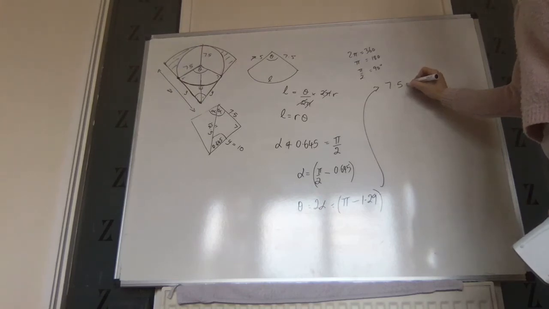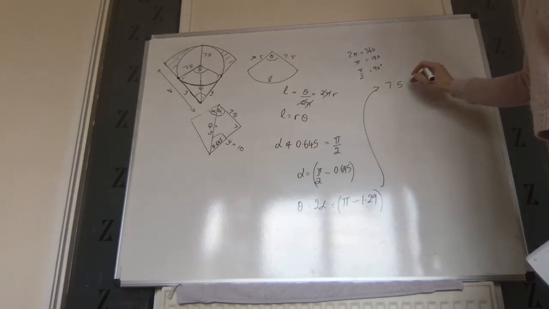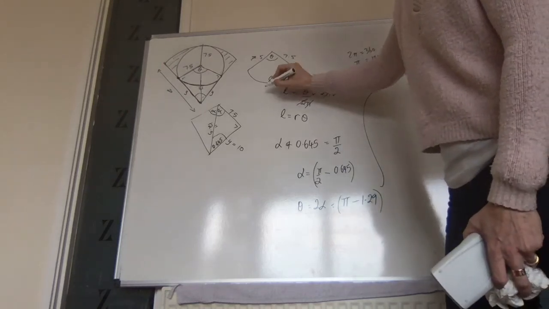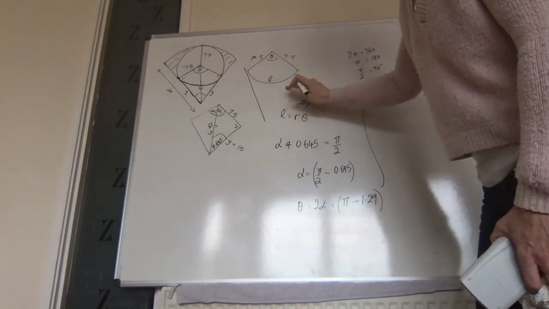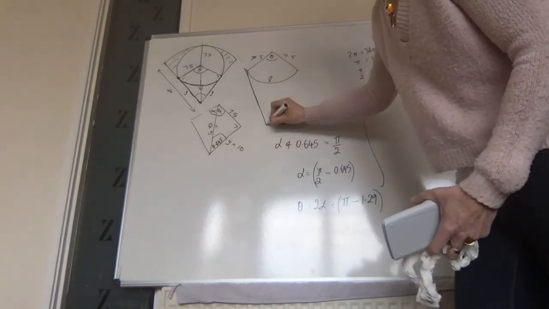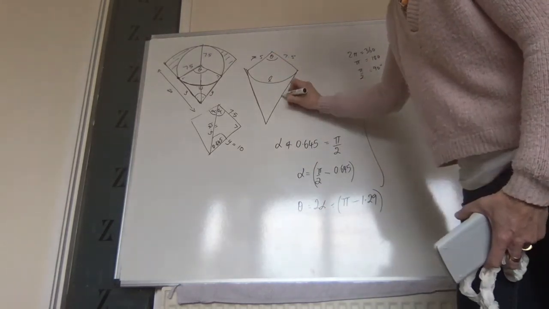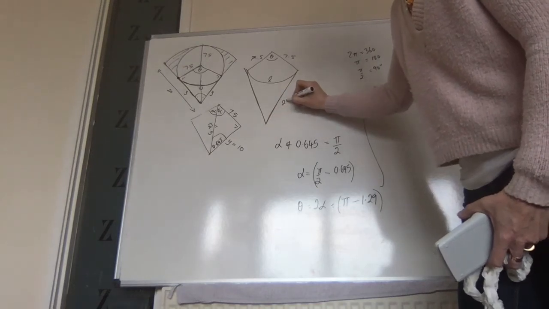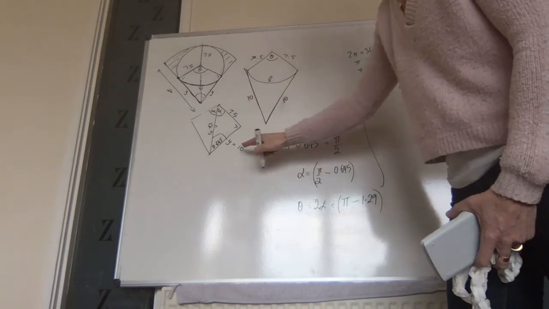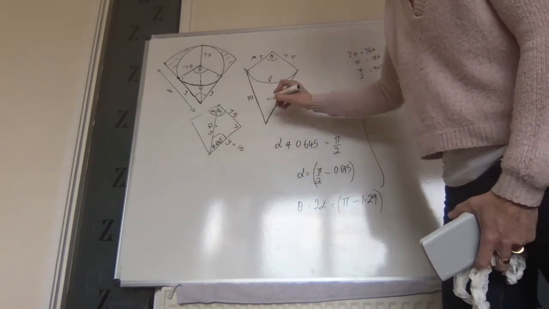So now the full perimeter of this here. Hang on a second. No, apologies. Where did I draw the 7.5? Oh yeah. We want this bit. So we know that this is 10, this is 10, because we've worked it out here. Taking the wrong diagram.